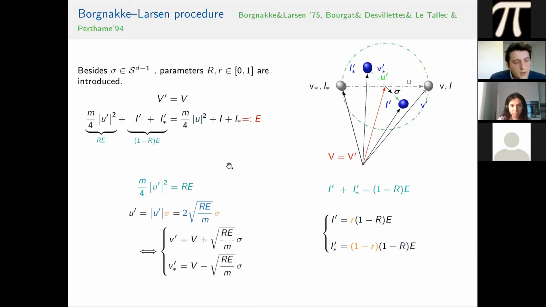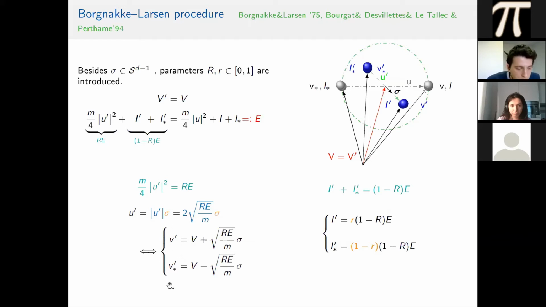Then we also introduce a new parameter, small r, such that we distribute the energy between the two molecules, basically.